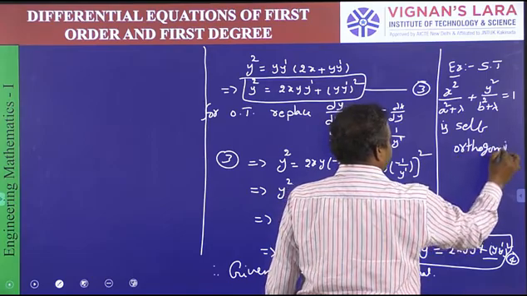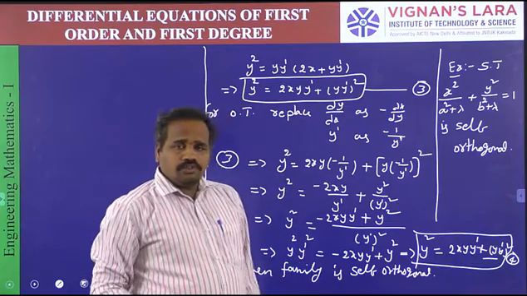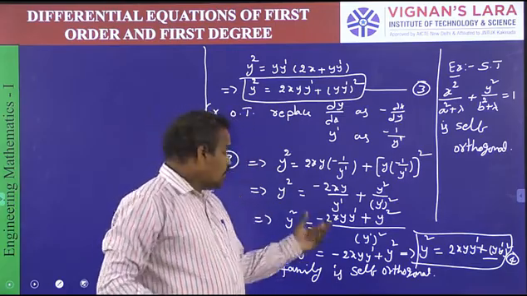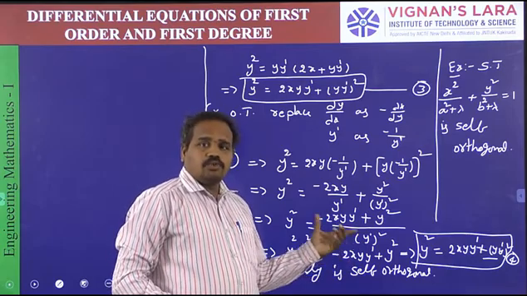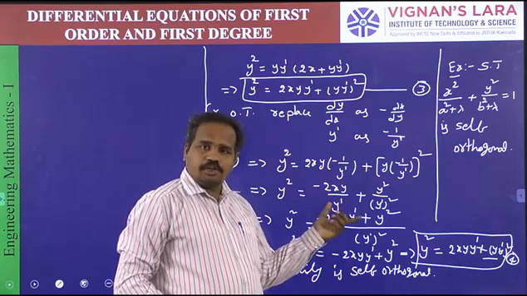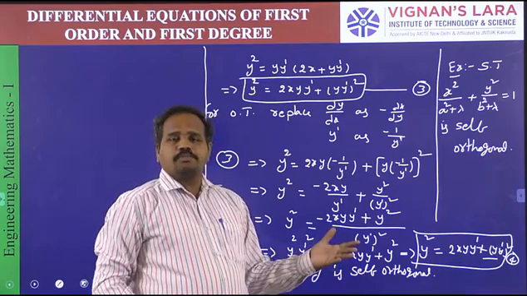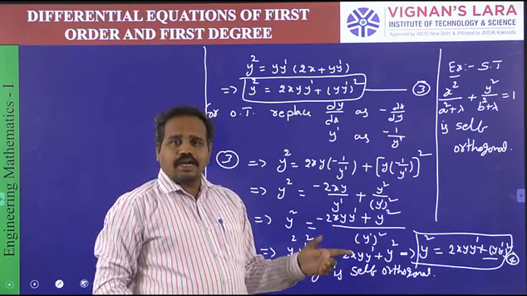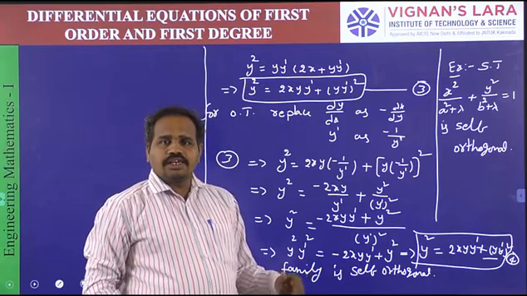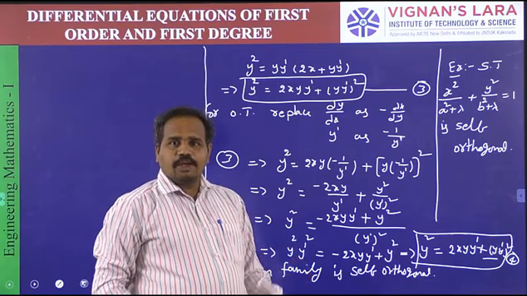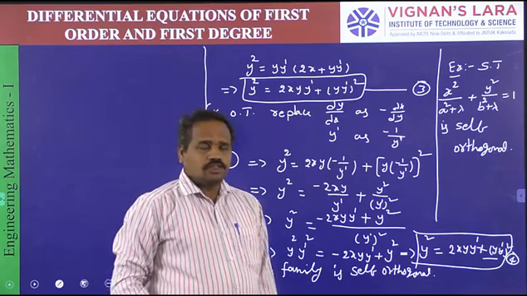This is an exercise problem for you. How we will show that the family is self-orthogonal? Already we did this problem. How we did? First we eliminated the arbitrary parameter. We will get a differential equation. Next we replace dy by dx as minus dx by dy. Then we will get another differential equation. If those two are same, then the given family is said to be self-orthogonal.